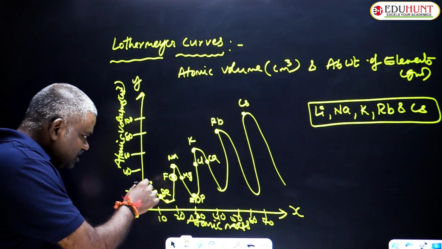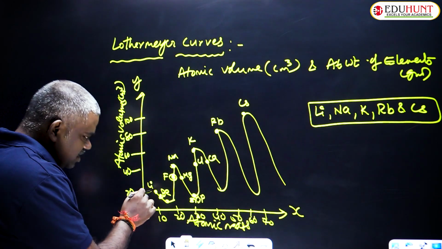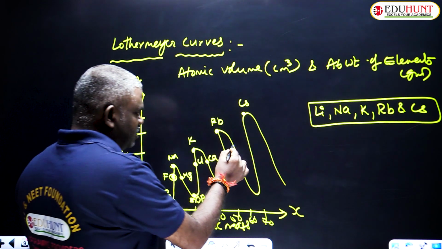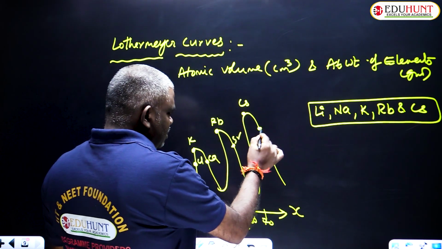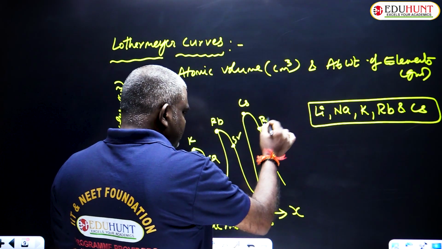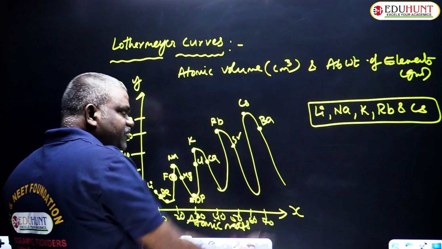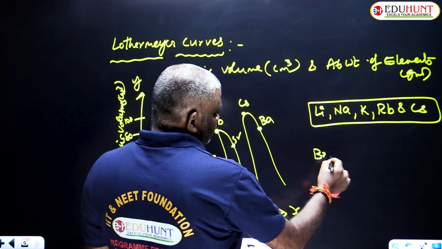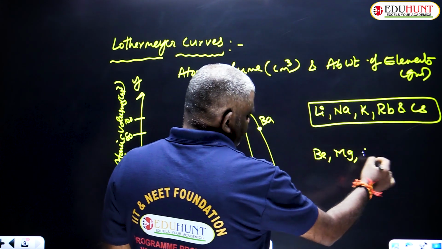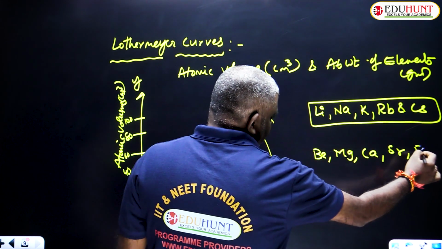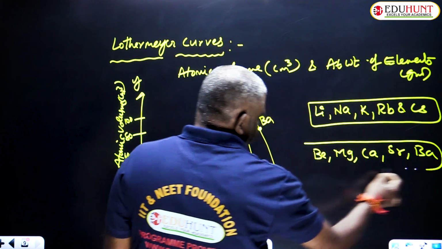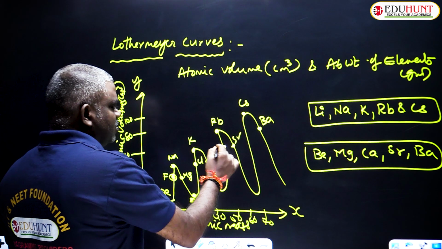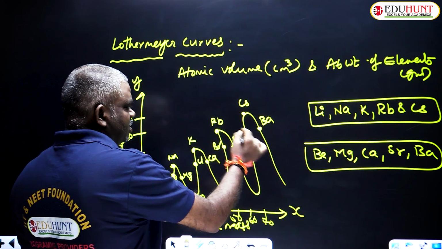And the descending position, see here in the line, here it is descending, here strontium present, here barium present. In the descending position of the peak, all similar elements are found, that is beryllium, magnesium, calcium, strontium and barium. And in the ascending position, fluorine, chlorine, bromine, iodine.